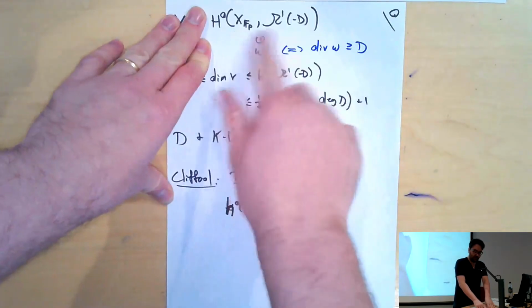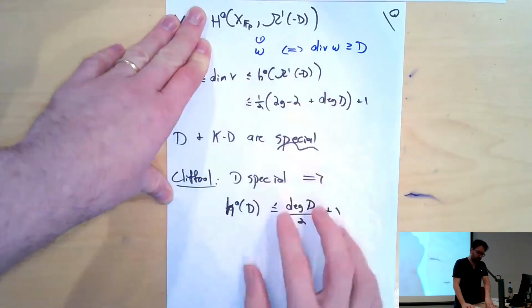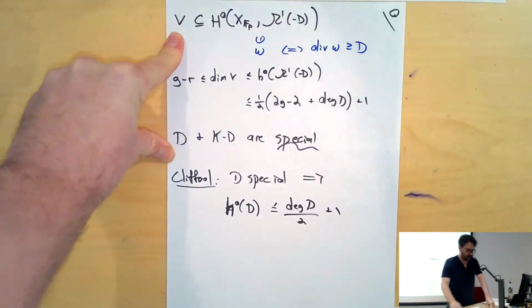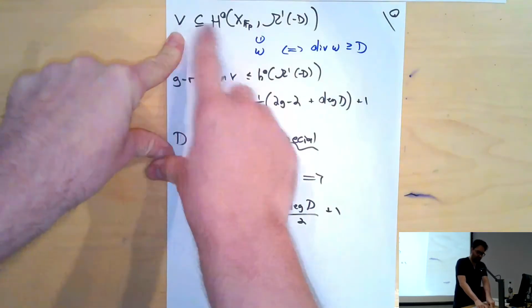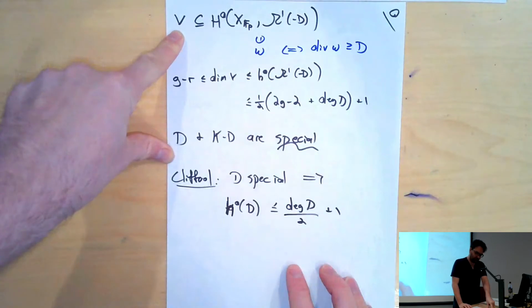So this will generally cut down. I mean, each point on D will cut down a bit on the dimension of this. And essentially, by the definition of these n_Q in D, every annihilating differential is an element of this twisted space.